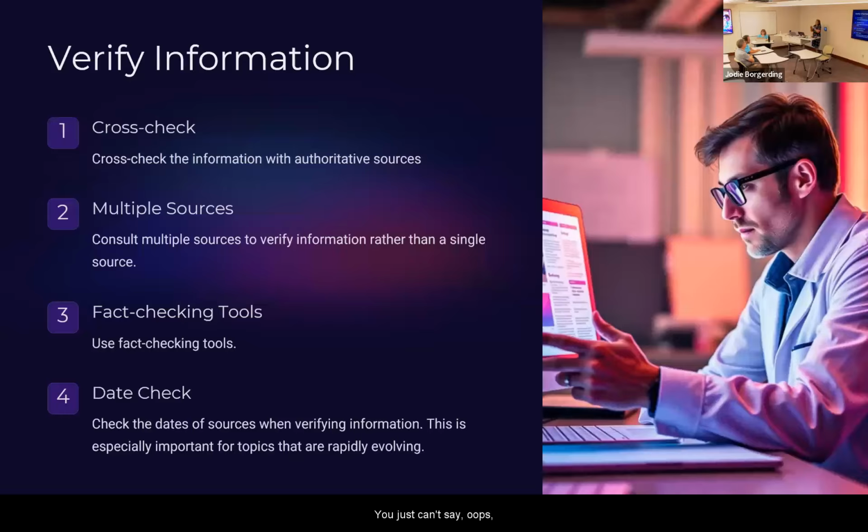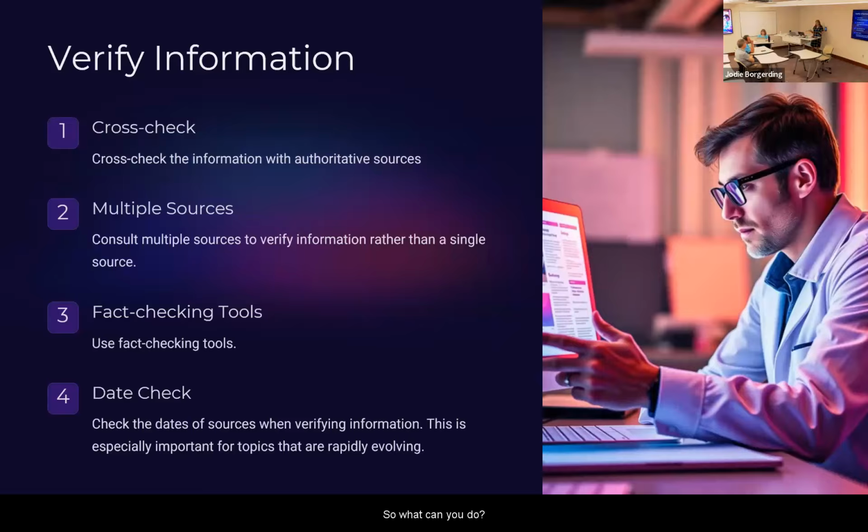You just can't say, oops, generative AI gave me that. You still have to take responsibility for that. So until you confirm the information by checking a reliable source, always assume that it is incorrect or outdated information. Verifying information is probably the most important piece of effectively using generative AI.